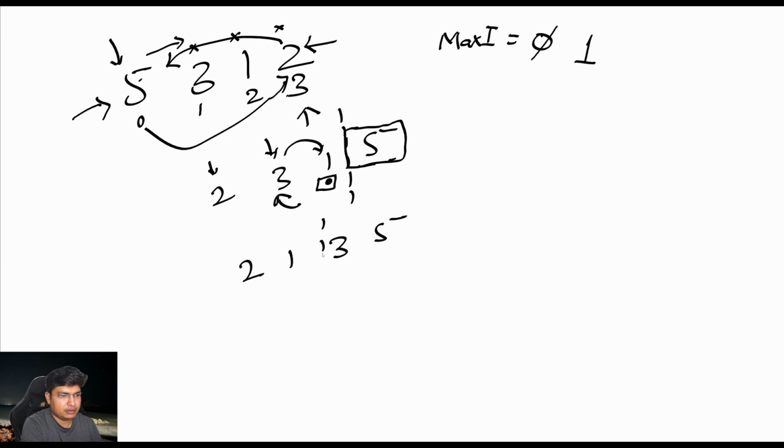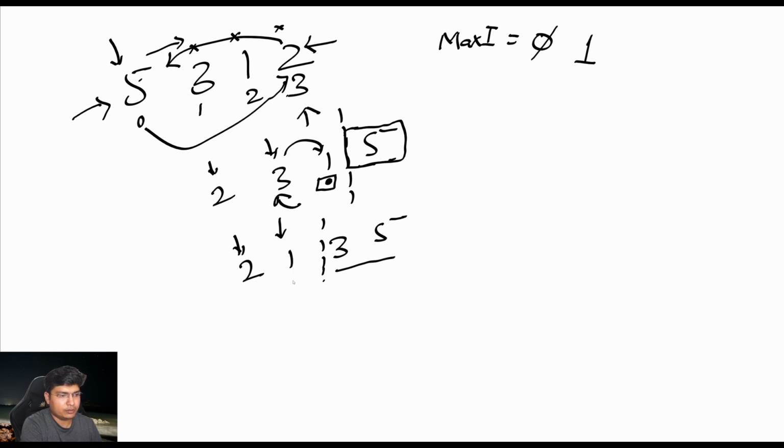Again, this portion of the array is sorted, so I can again reduce my iteration count by 1. I start at 2. I consider max I again as 0. I compare whether this number is greater than the maximum number that I have seen earlier or not.